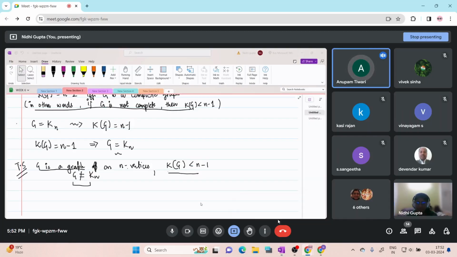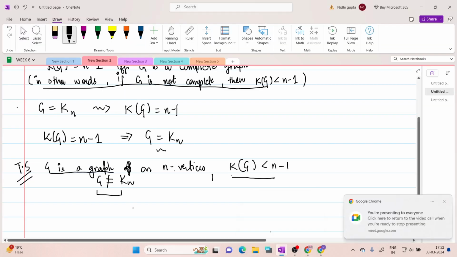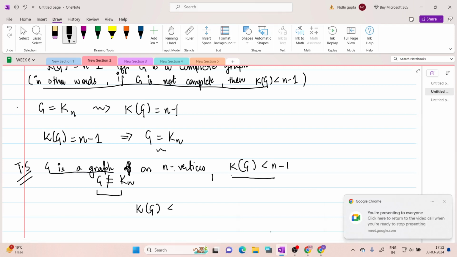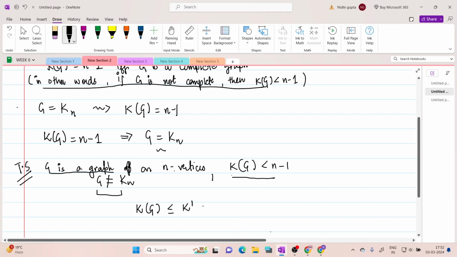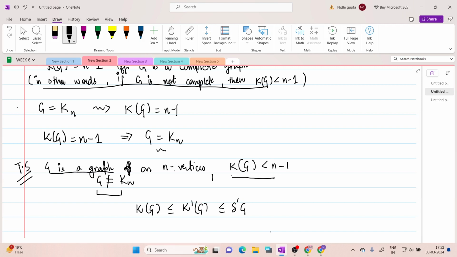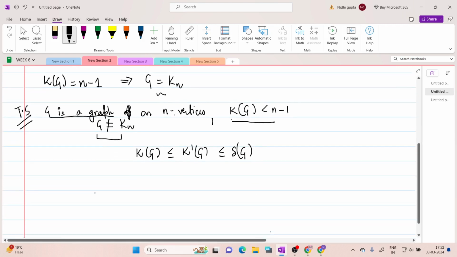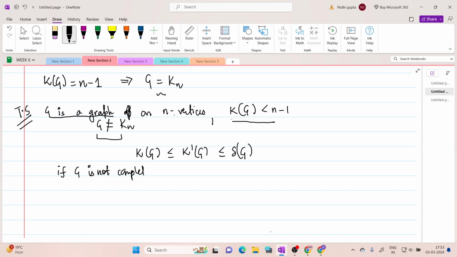Because of that theorem inequality, degree is always less than n minus 1 if it is not a complete graph. Okay, so what is he saying? That we have this inequality that vertex connectivity is less than or equal to edge connectivity, which is less than or equal to minimum degree. Now if G is not complete, that means minimum degree is strictly less than n minus 1.